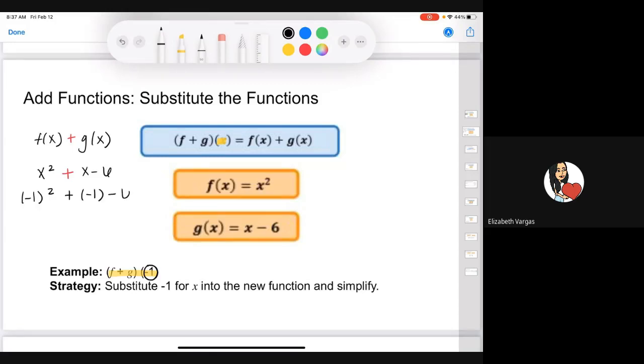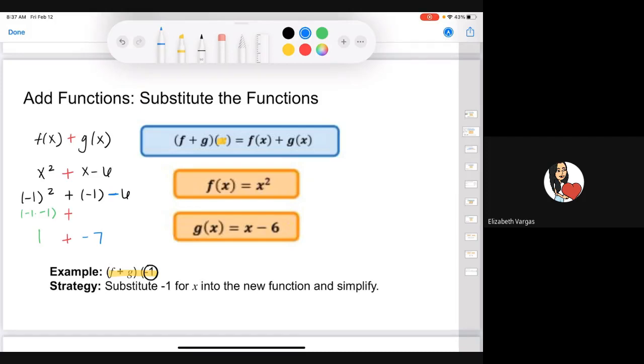And what do I get when I do this? Well, on this side, it's telling me to multiply -1 times -1, which is equal to 1. And then on this side, I am doing -1 minus 6, and so I get -7.